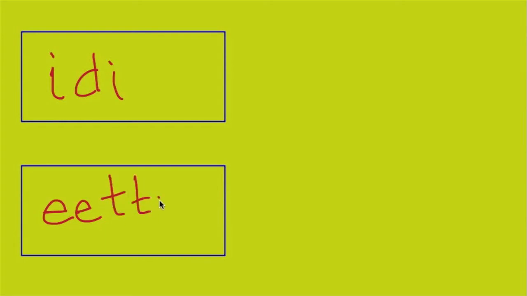All right, another set of words. Idi, idi. So it, and then d. So the E sound is at the beginning, and remember we have to add it to the bottom because there is no top right corner for that letter.